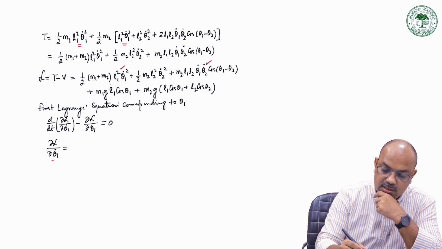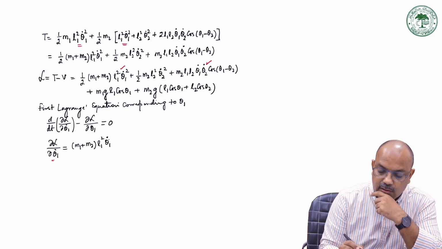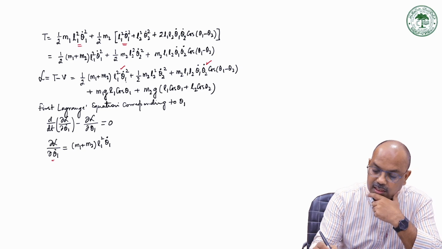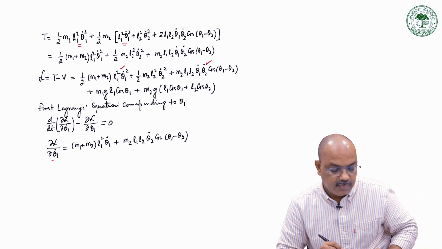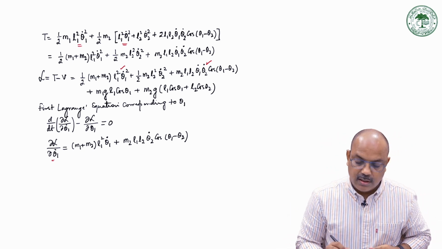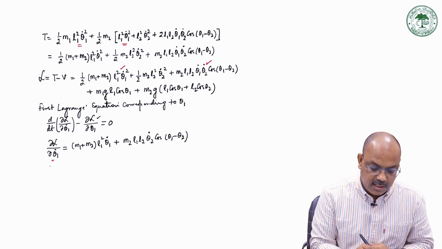This is going to be (m1 plus m2) L1 squared theta 1 dot, from here, and then from here this is going to be m2 L1 L2 theta 2 dot cos of theta 1 minus theta 2. And nowhere else is there theta 1 dot.